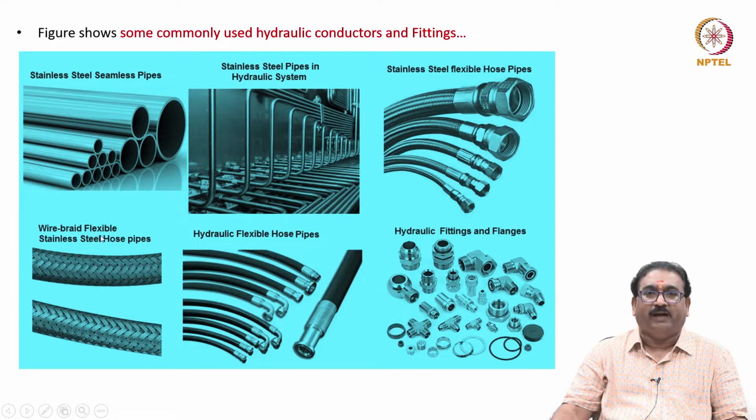Then wire braid flexible stainless steel hose pipes. Here you will see hydraulic flexible hose pipes for high pressure applications. As I have told you, the hydraulic conduits also include the various fittings, connectors and flanges.